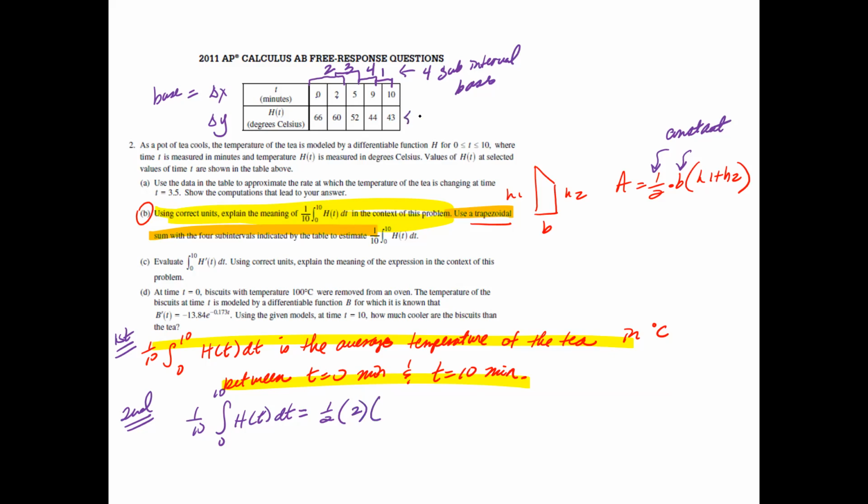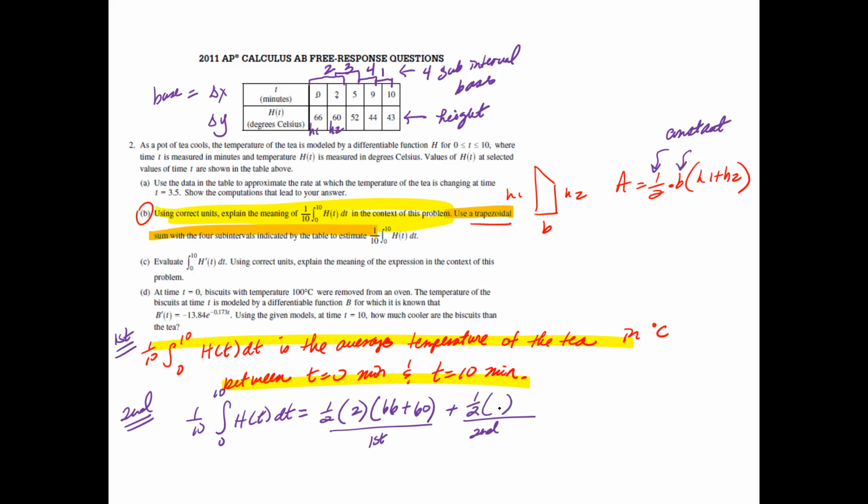Okay, so then I'm going to have 1/2 base, which is a 2, times height 1 plus height 2. These right here are going to be your heights. So height 1, height 2 for the first trapezoid is 66 plus 60. Plus, this is your first trapezoid. Let's do the second trapezoid. Second trapezoid, 1/2 base.